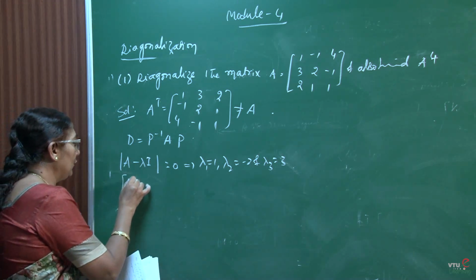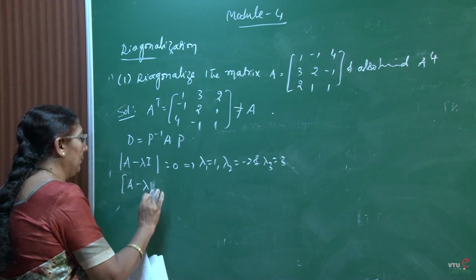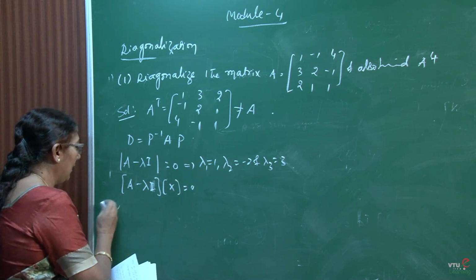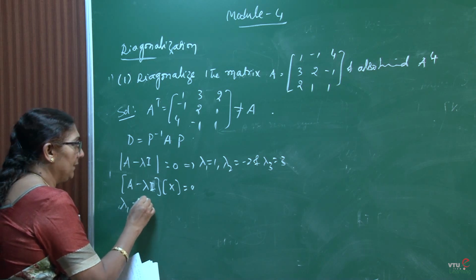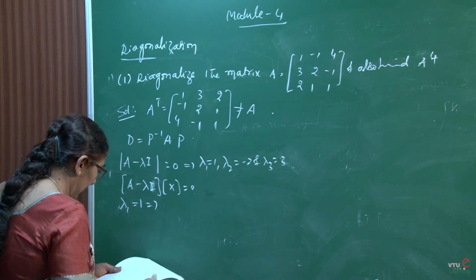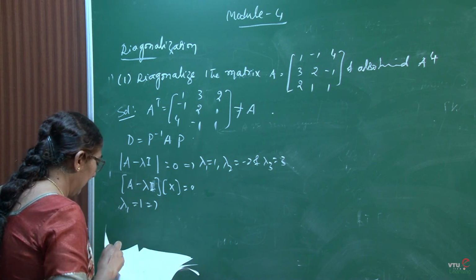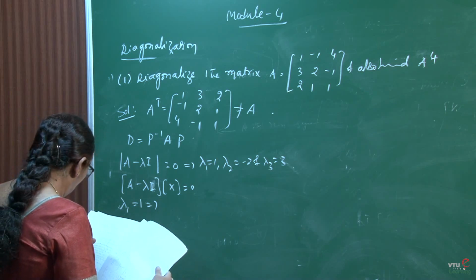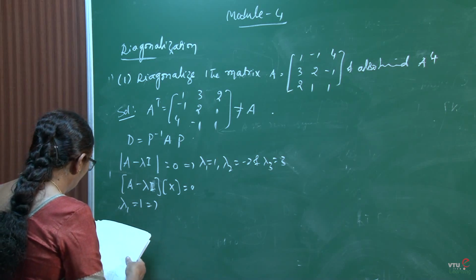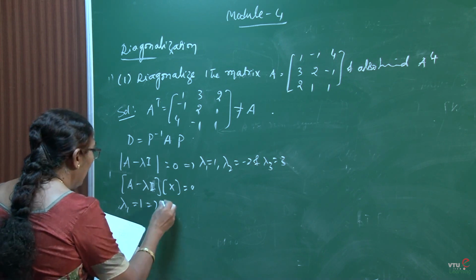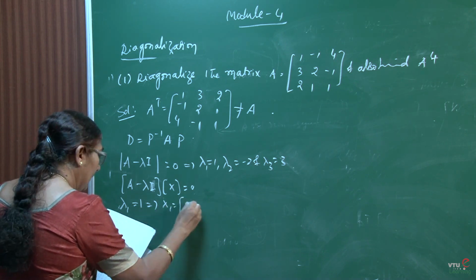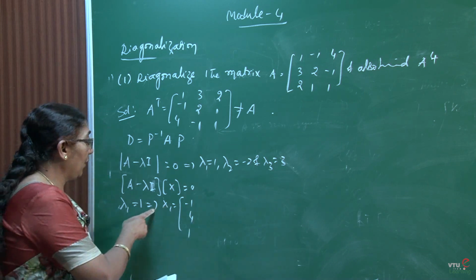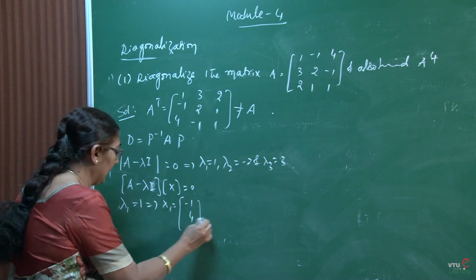After we get the eigenvalues, use this matrix, already explained in the previous problem, to find the corresponding eigenvectors. For lambda 1 equals 1, the eigenvector x1 is [-1, 4, 1]. I already explained how we get it using this formula, that's why I am taking it directly.